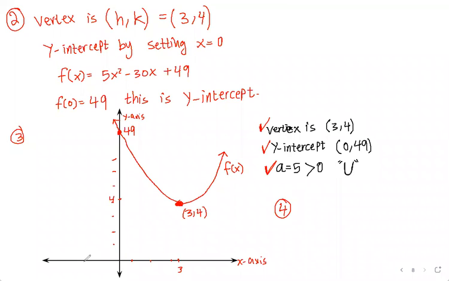Which values of x are used to graph the function? We're using everything. We're using all these points. This means the domain is the real numbers R.